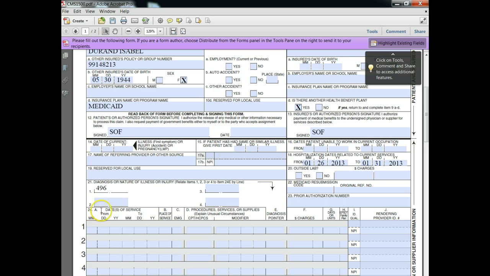Here's 24E, because that's where we're going to put the diagnosis. You're going to see we're going to have a CPT code in 24D. It needs to match the reason in 24E so we can have medical necessity and they will pay us. So that's the relationship between block 21 and 24.